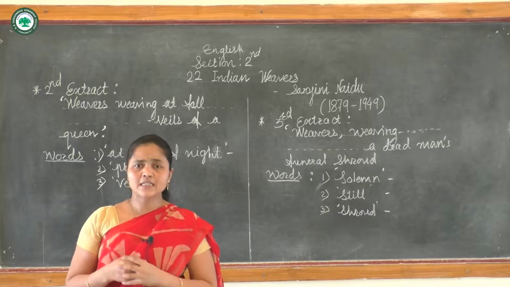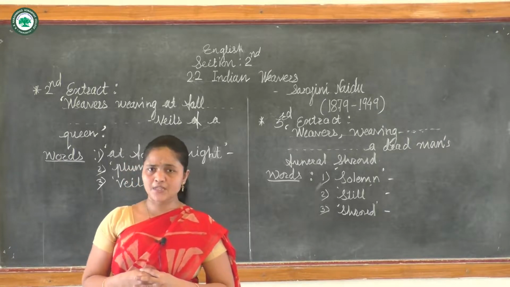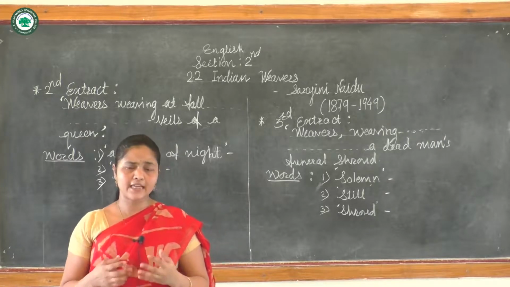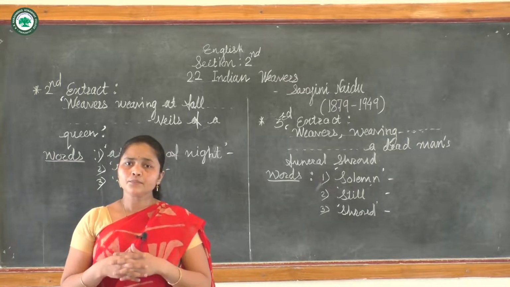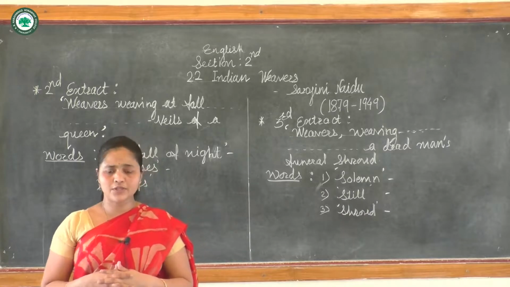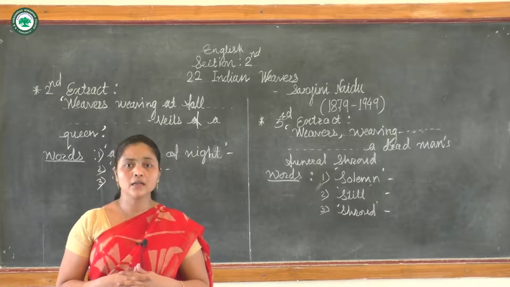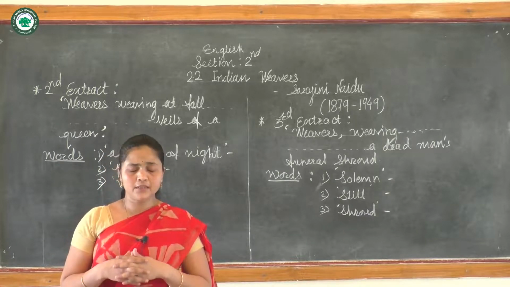Now come to the figures of speech, which we call poetic devices. Lots of figures of speech are used by the poetess. One of the most important figures of speech used by the poet Sarojini Naidu is simile.